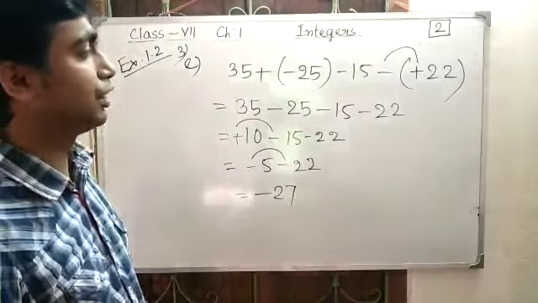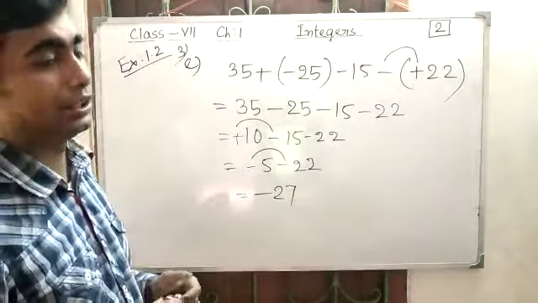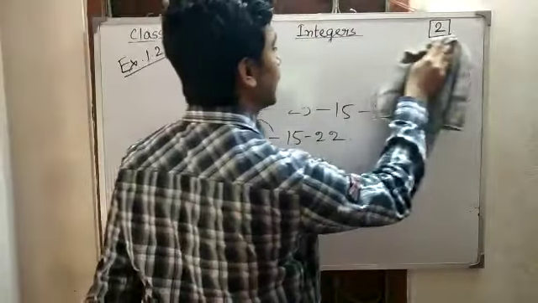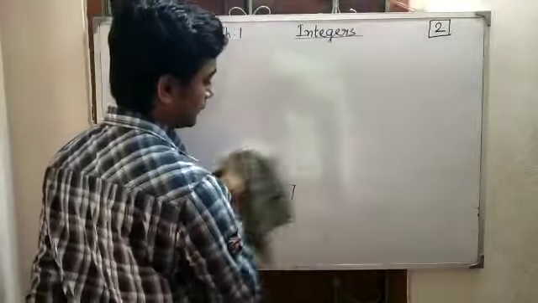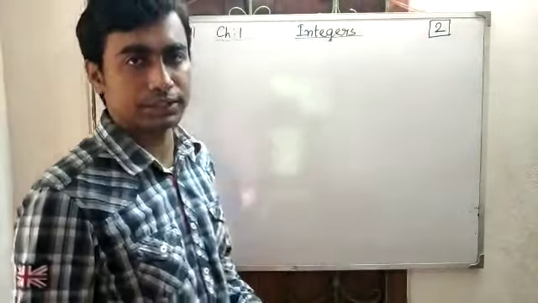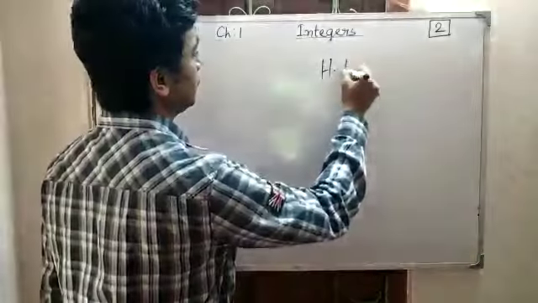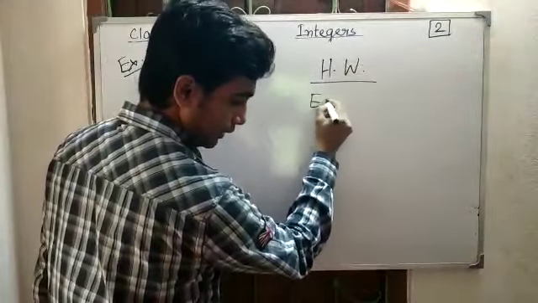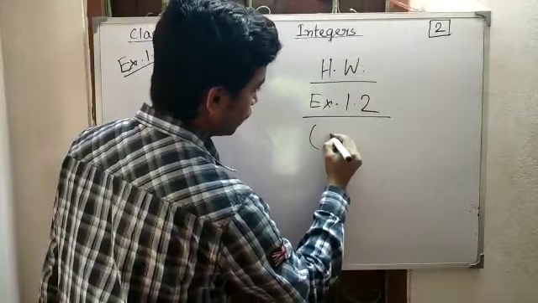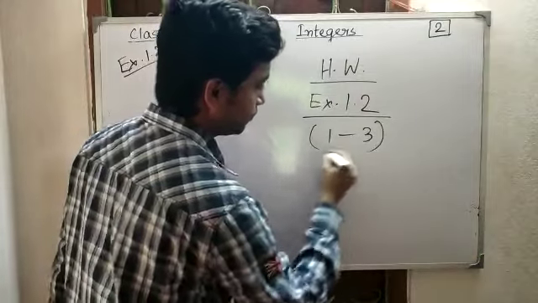Okay, so this way we can solve this kind of sum, and this idea has been done in your class 6. Okay, so what will be your homework for next day? The homework will be exercise 1.2, 1, 2, 3.